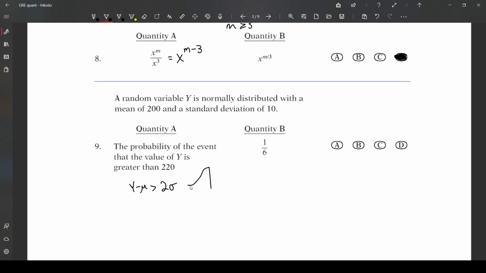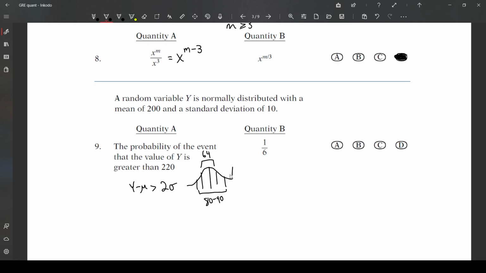Now, I'm a little rusty on my stats, but I believe that this area comes out to be something like 80 to 90%. Let's say 80% at worst, because I think this one standard deviation is 64.